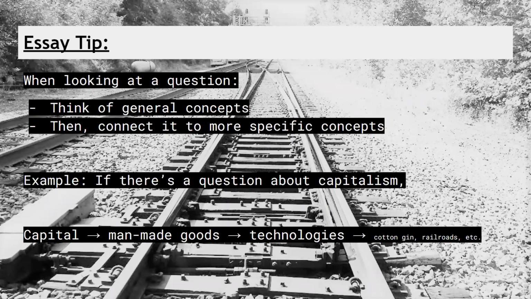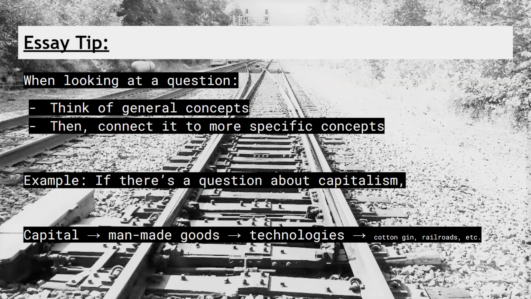Essay tip. Here's just one general thing. When you're looking at a question, you might want to think of general concepts. So if you see, like, what were the causes of industrialization, you might think of just some random thing like successful economy. Okay, that's probably too general, so connect it to specific concepts.